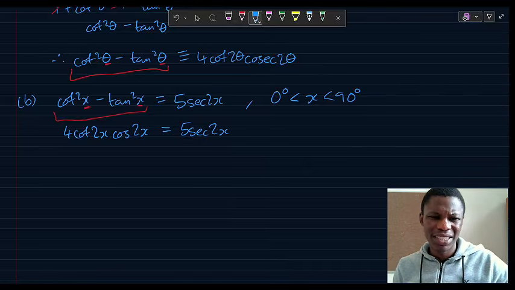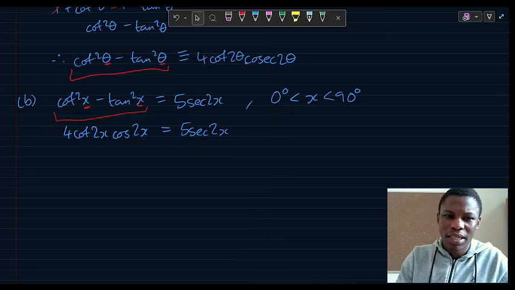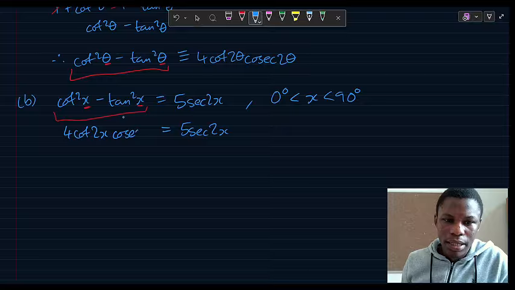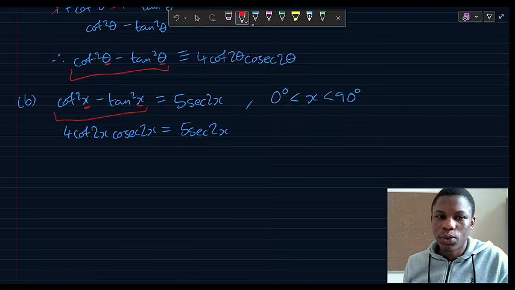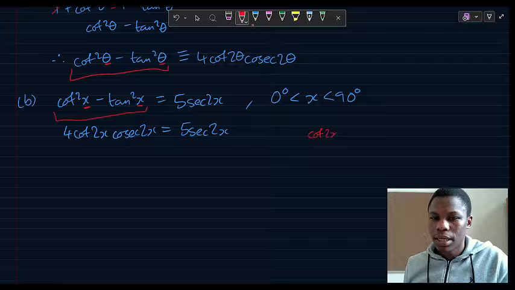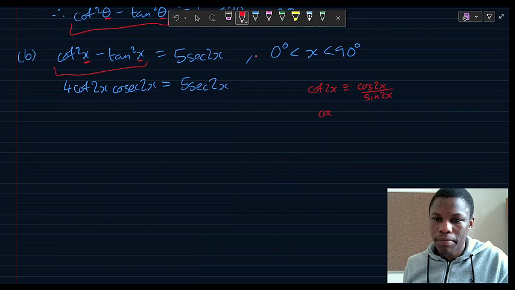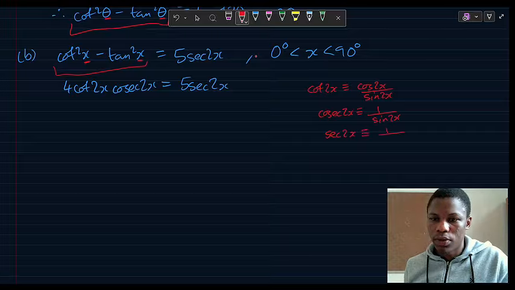Now let's write everything in terms of sine and cos. We know that cot 2x is cos 2x over sine 2x, cosec 2x is 1 over sine 2x, and sec 2x is 1 over cos 2x.